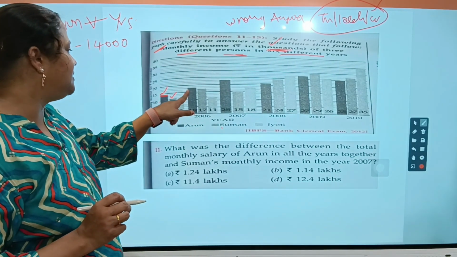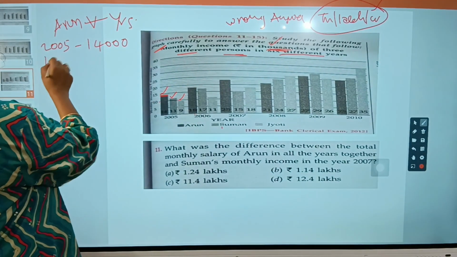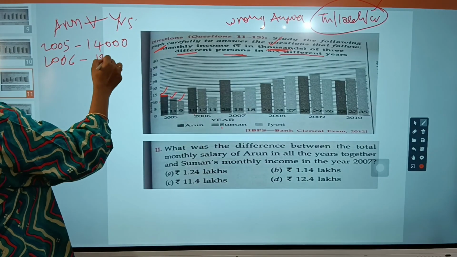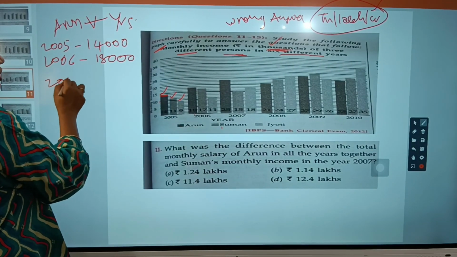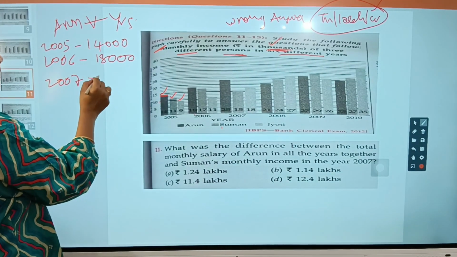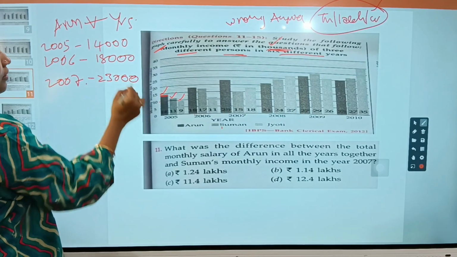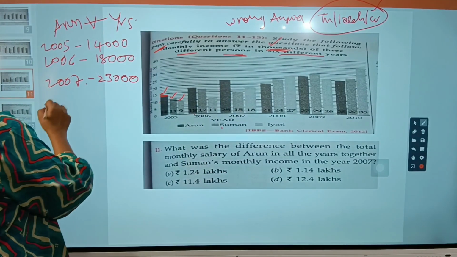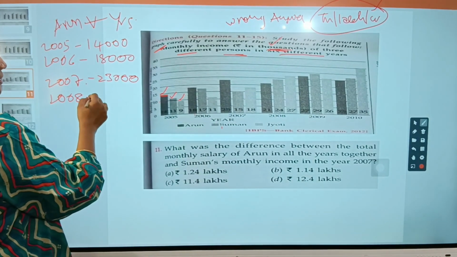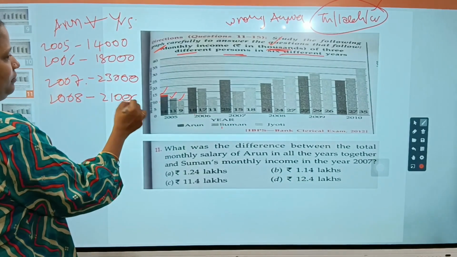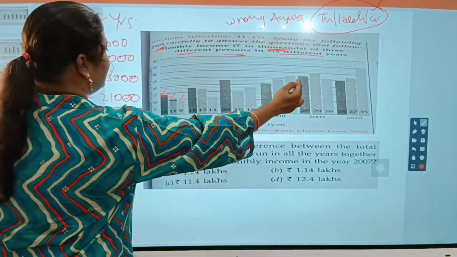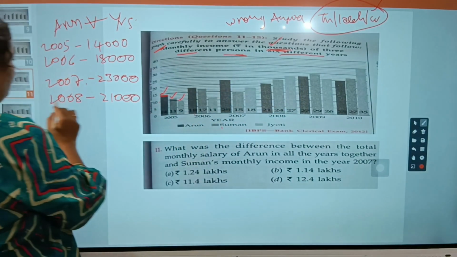Okay, in 2006 it is around 18,000. In 2007, it is 23,000. In 2008, it is 21,000. In 2009, it is 27,000.